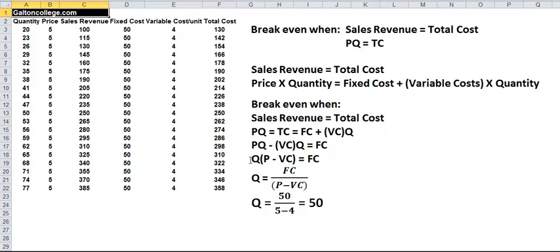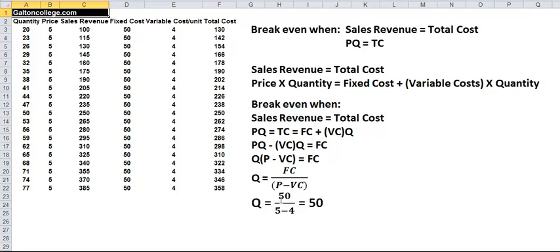Now to get the quantity on its own, if we divide the left hand side by P minus VC, then we must divide the right hand side by P minus VC. Divide the left hand side by P minus VC, which will just equal 1, and 1 times Q is equal to Q. Divide the right hand side, you'll get FC over P minus VC.